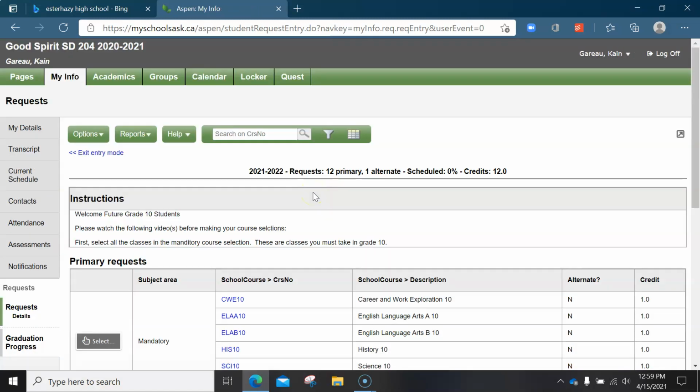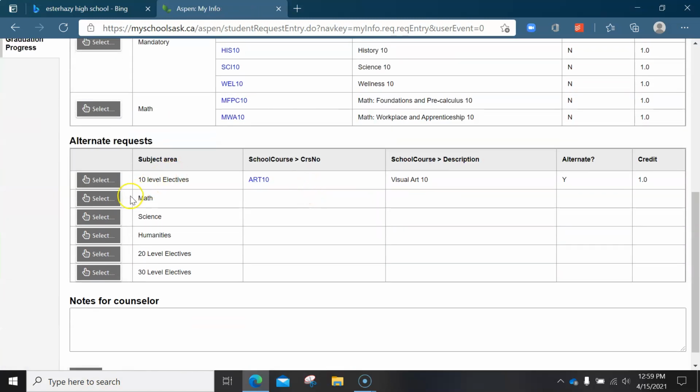Now, something to point out is that because we are probably still cohorting for next year, it means that most of you will not be able to fast track your maths, sciences, or humanities because we cannot place a group of grade 10s in with a group of grade 11s.